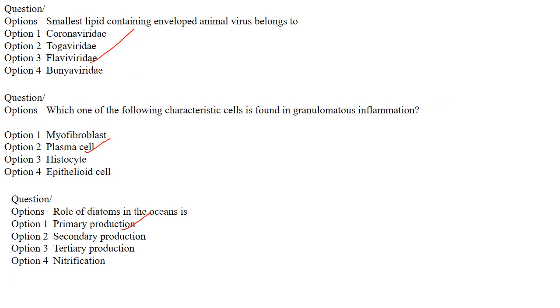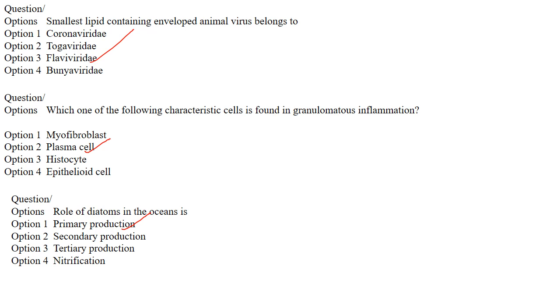Then the smallest lipid containing enveloped animal virus belongs to Flaviviridae. Answer is option 3. Which of the following is the characteristic cell found in granulomatous inflammation? So granulomatous inflammation is characterized by the formation of distinct granulomas composed of aggregates of epithelioid histiocytes with a peripheral cuff of lymphocytes and plasma cells and occasionally a necrotic center.